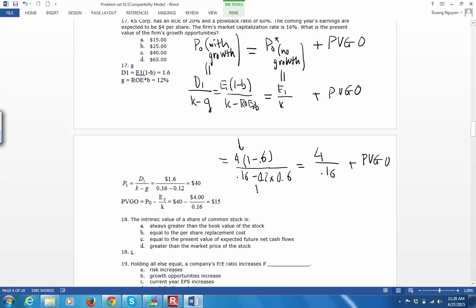Okay, so this one you get is $40. This one you get is equal to 25. Okay, 4 over 0.16 equals 25. So obviously PVGO has to be equal to 15, right?